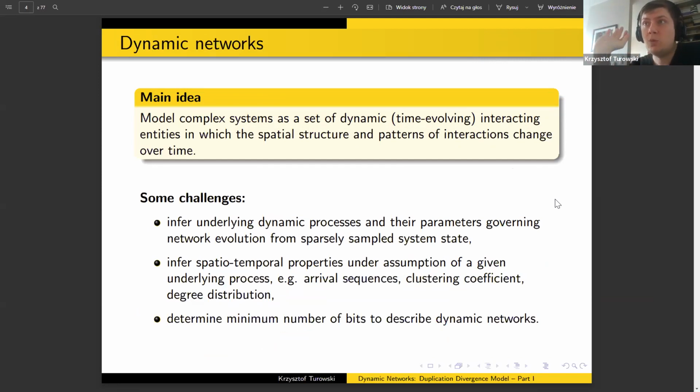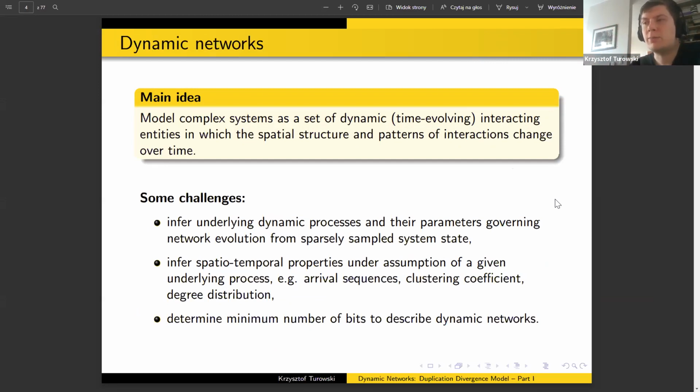So we want to look at a complex system, and here a graph, which is dynamic in the sense that it has certain rules that describe the time evolution of this network. Here we have interacting entities.